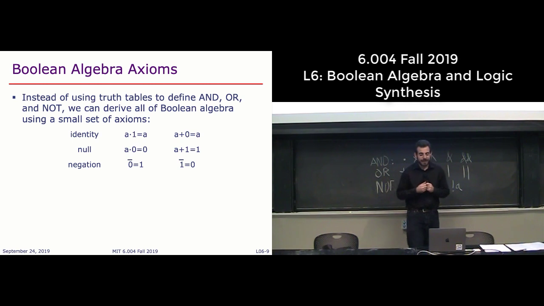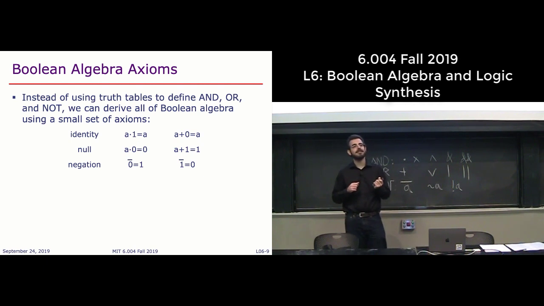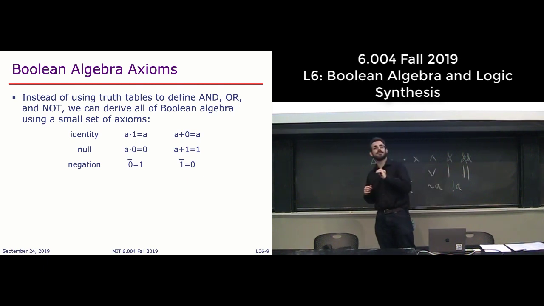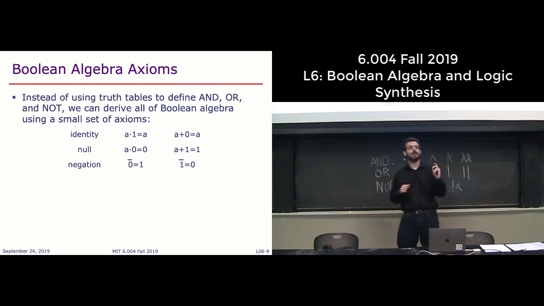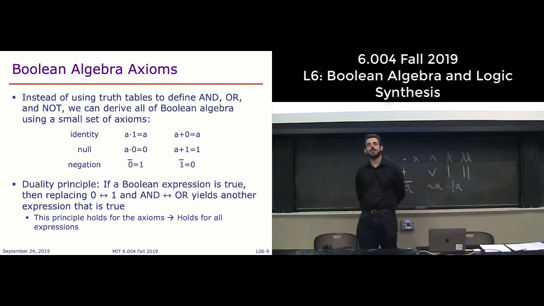In fact, if you switch all the zeros with ones in the formulas on the left, and you switch all the ands with ors, the formulas on the left transform into the formulas on the right, and the formulas on the right transform into the formulas from the left. And so this symmetry is essentially what we call the duality principle. So replacing zeros with ones and ands with ors, if a Boolean expression is true, yields another Boolean expression that is true.